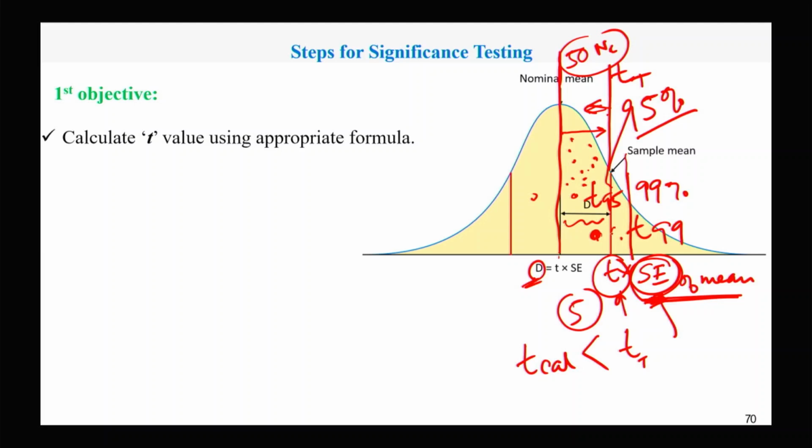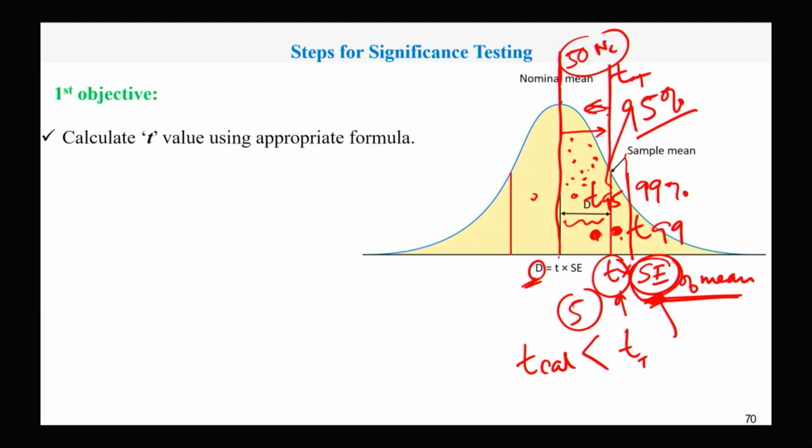But if it is there, then at the 95% confidence limit it is failing, but at 99% it is not. When you increase the confidence, we want to be confident that my data is lying within the range. If we want to be more confident, that means the range has to be larger.